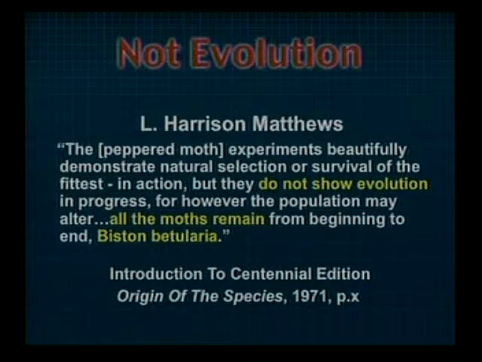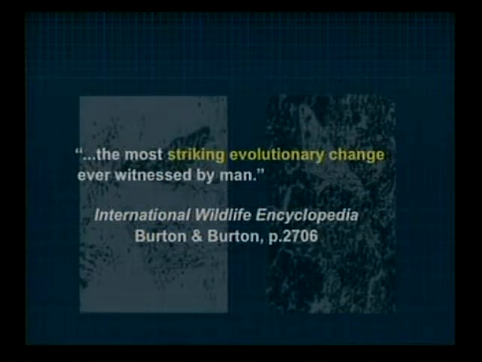Same species. And yet every school child in here has been taught this as proof of evolution from Darwin's time. But there's no evolution there. They're light and dark to start with, light and dark to end with, and it's gotten worse. This statement was made in the International Wildlife Encyclopedia several years ago, referring to Biston betularia, this light and dark pepper moth: this is the most striking evolutionary change ever witnessed by man.